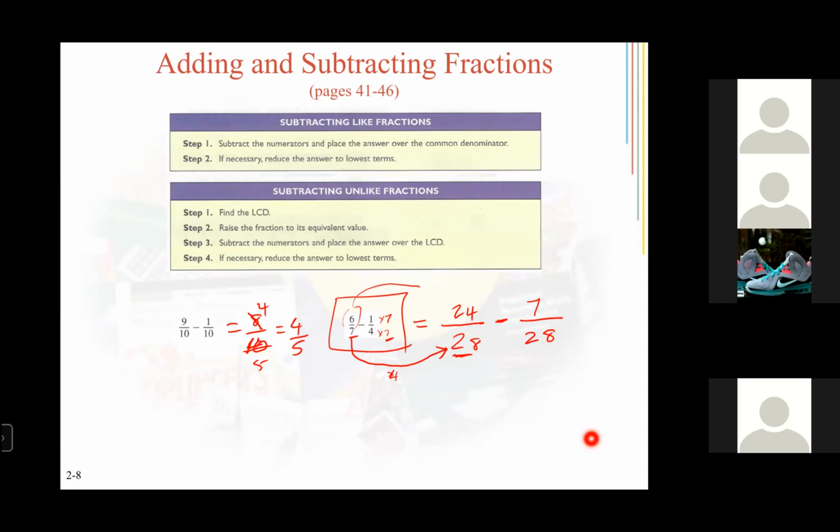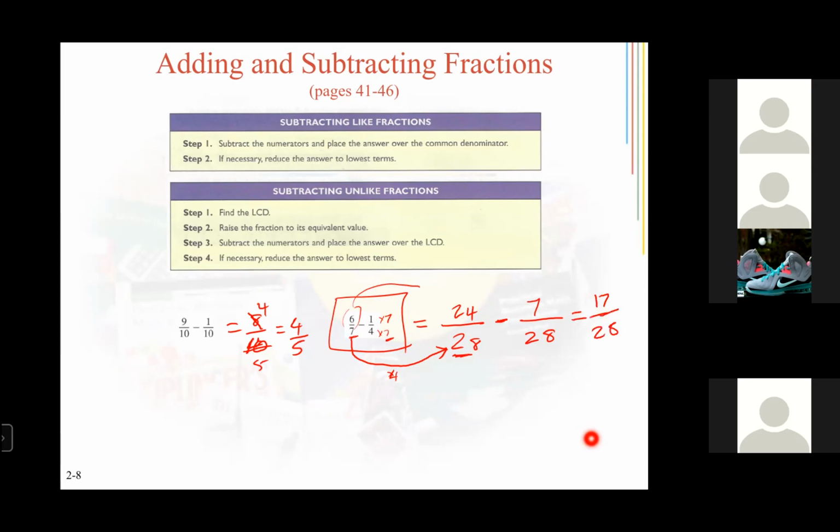And so that now gives us, what's our answer? 18 over 28. 18, you're off by 1. 19? Hold on, let me see. You're off by 2. 17 over 28? 17. 17 over 28.